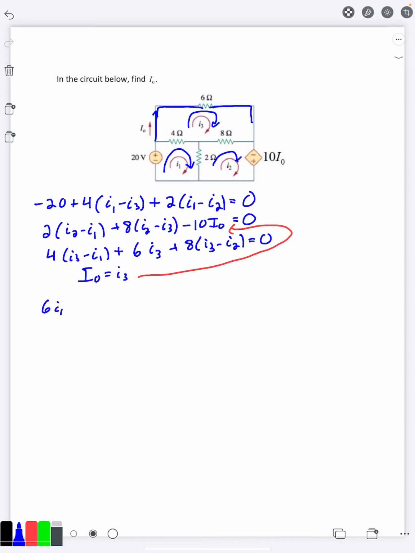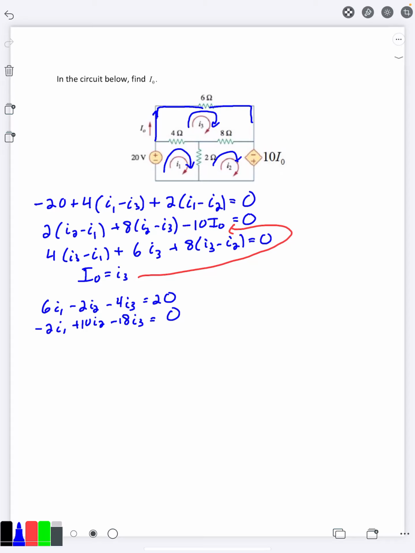So for the first one, it looks like I'm going to have 6I1 minus 2I2 minus 4I3 equals 20. For the second one, I'm going to have negative 2I1 plus 10I2 minus 8I3 minus 10I3 is going to be minus 18I3 equals 0.